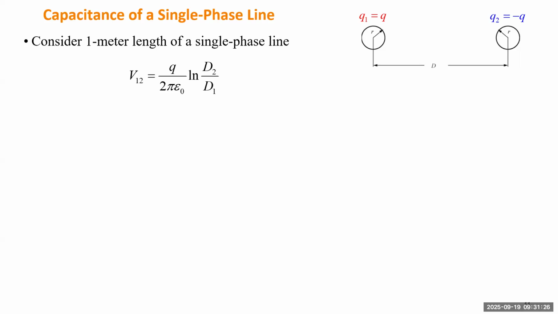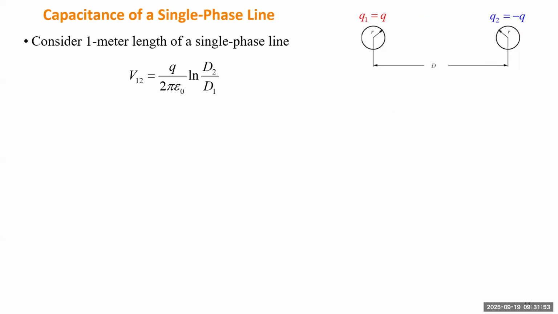For capacitance, we have to assume a certain layout of the transmission line. A typical transmission line will have two conductors. One conductor may be sending the current, and the other is sending current back. You can think about here there's a load, and on the other side there could be a source. That is a similar circuit you can think of, a single phase AC circuit.